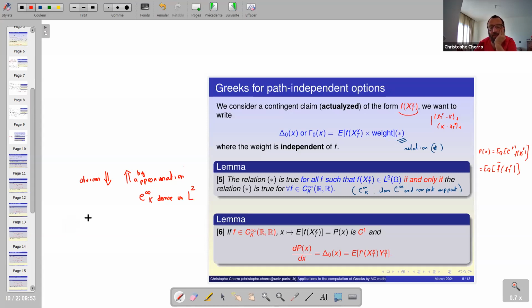So I will use the density. And keep in mind that even if these are very regular, since what I want to obtain here is completely independent of the derivative of f, I will be able to extend this relation.